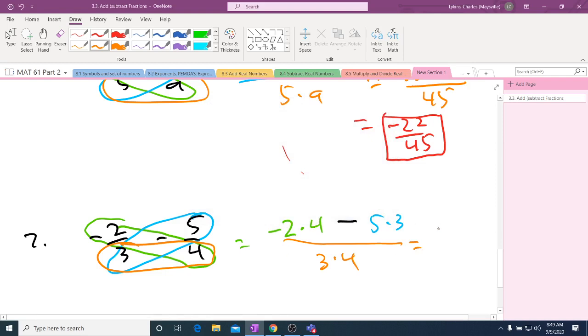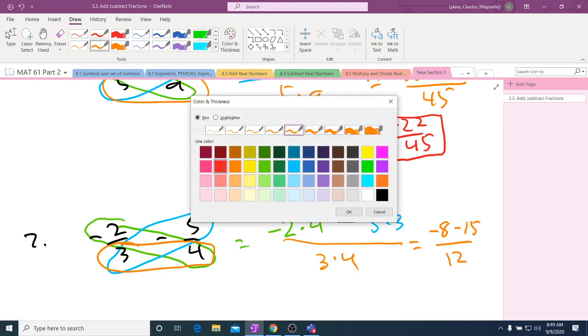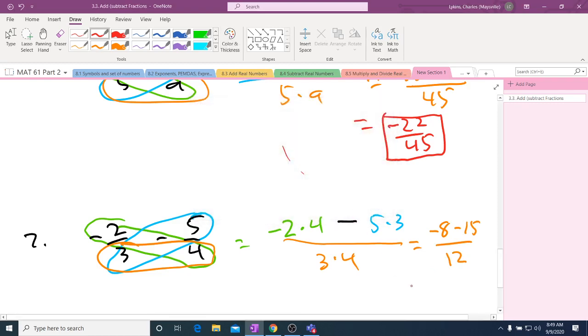So negative 2 times 4 is negative 8, minus 5 times 3 is 15, over 12. So now we combine our negative 8 and negative 15 to get negative 23 over 12.